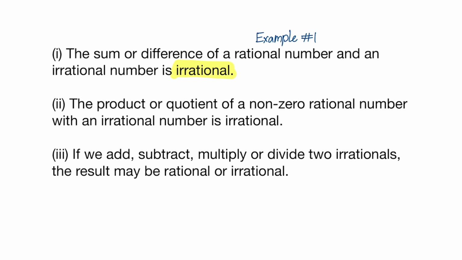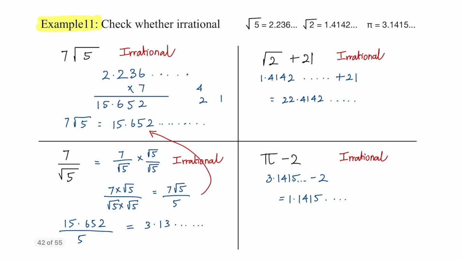Now the second observation is that the product or quotient of a non-zero rational number with an irrational number is irrational. So this also we have seen in example 1. What we have seen is that the product of a rational number with an irrational number gives you an irrational number. Okay, so 7 is rational here, root 5 is irrational here, and the product of those gives you irrational.